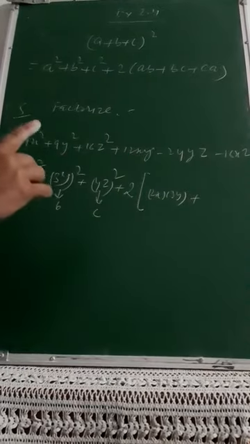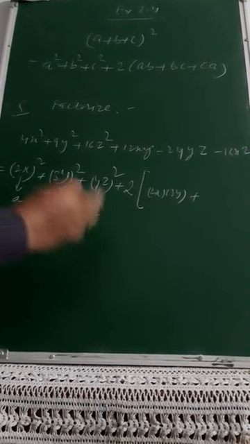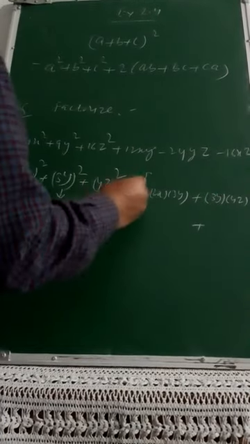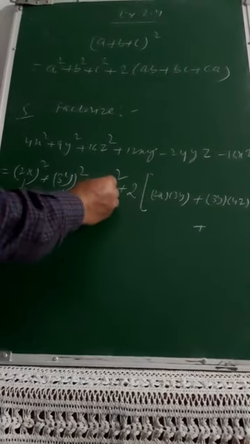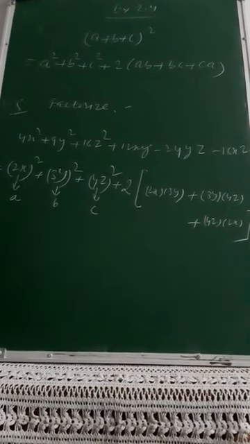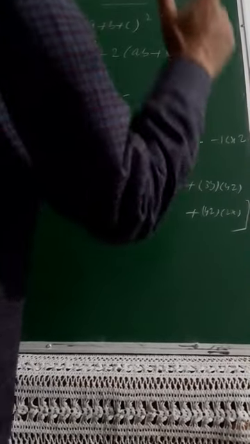I am least bothered about the signs. After that, I will decide where I have to put the minus sign. Then this is AB, then BC means 3y into 4z, and finally CA means C is your 4z and A is 2x, 4z into 2x. So that's all about the identity A square plus B square plus C square plus 2AB, BC and CA.